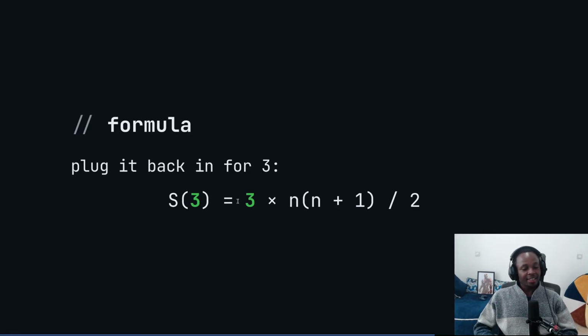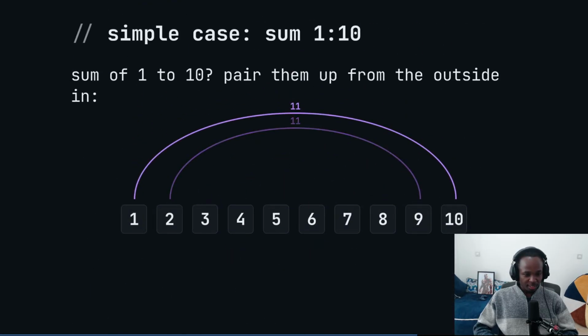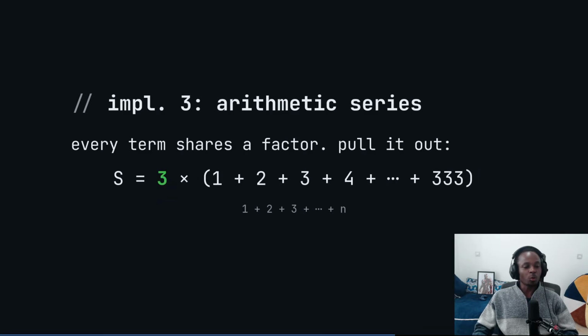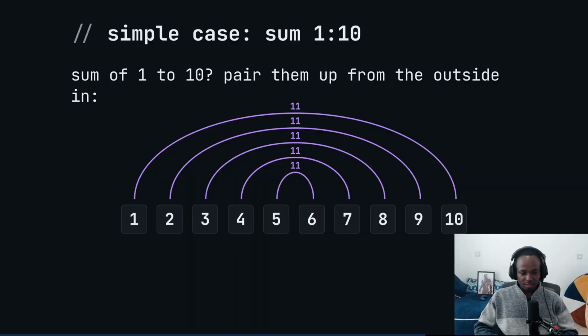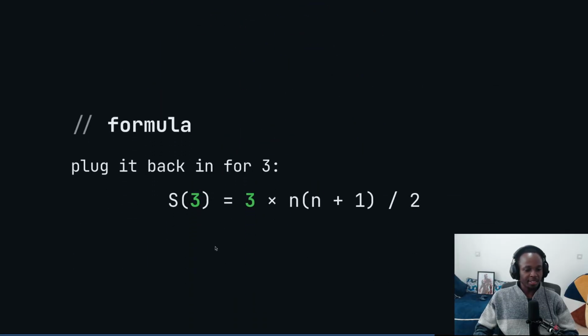So if we plug this back into the formula, remember what we had. Let me go back here. We had factored out the 3. Now let's plug this back in. When you plug it in, it's like taking 3 and multiplying it by this formula of n times n plus 1 all over 2.